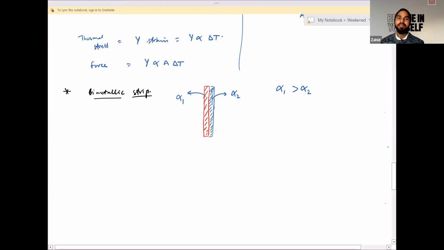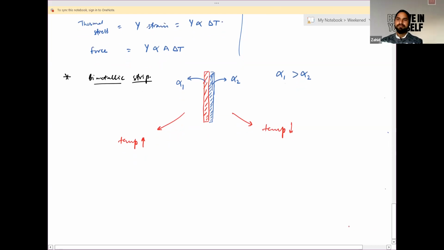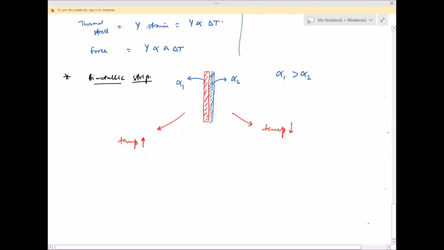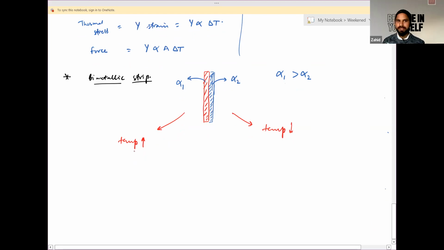Okay, so the next question would be in which direction it will get curved, if temperature is increased and if temperature is decreased. Saifullah, any idea? I think it will curve in opposite ways. Okay, in the first part, when temperature increases, which one will be on the convex side or the concave side?